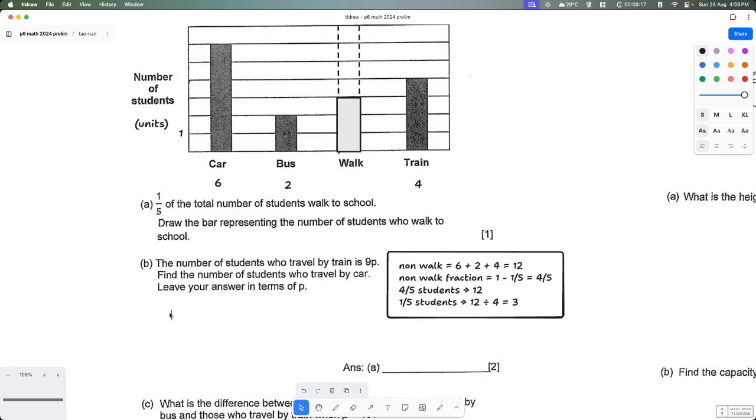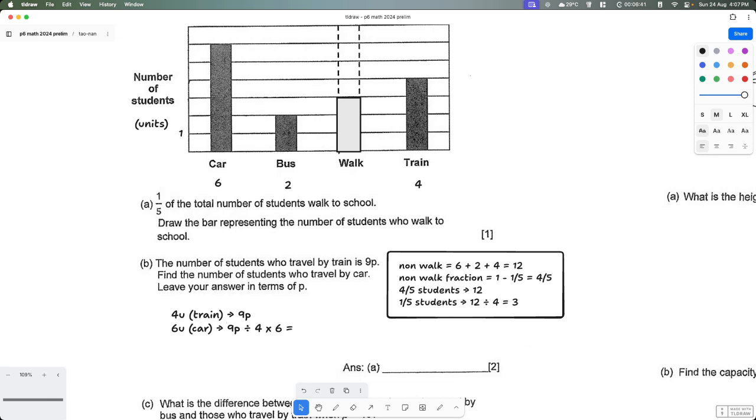So we know that train over here is 4 units. So 4 units is equal to train, which is basically 9p, right? So car is 6 units, which is equal to 9p divided by 4 times 6, right?